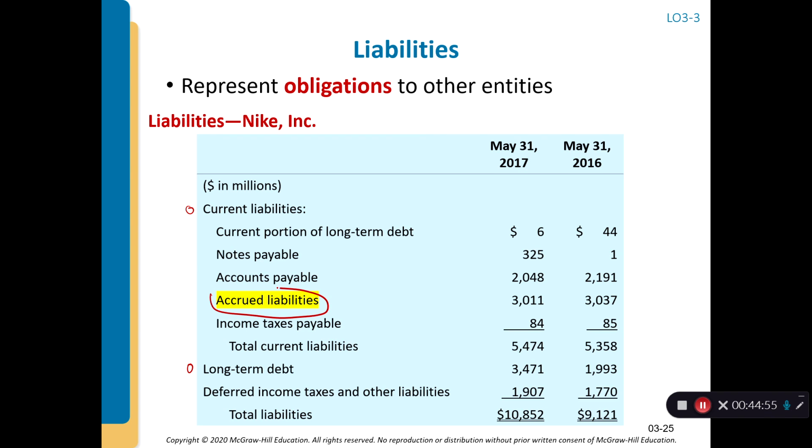This one is important. It can include accrued compensation to the workers. And what does that mean? It means the expenses that were incurred that you have not paid for, right? Or the taxes that were incurred that you have not paid for. And the company classifies the current portion of long-term debt as short-term debt or current debt, right?